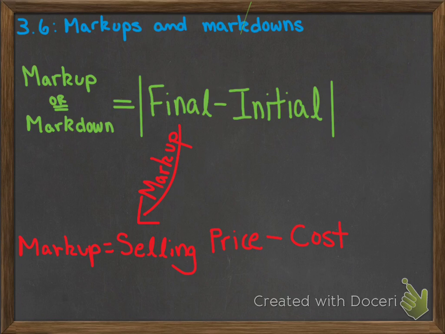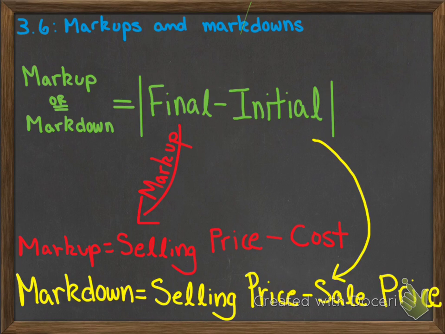So if a store buys a shirt at $5, that's the cost for the store, not the cost to you as the consumer, but the cost to the store. So that's your initial. They initially bought it for the cost, let's say it's $5, and the selling price is what they're selling it to you at. So selling price is what you take home, the amount you buy it for, and cost is the amount the store pays for it, okay?